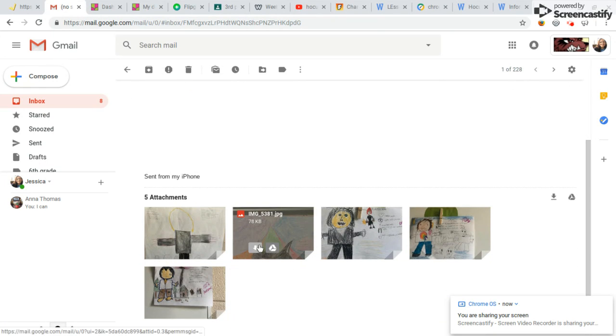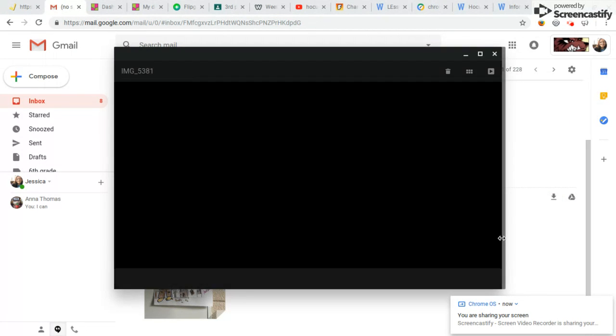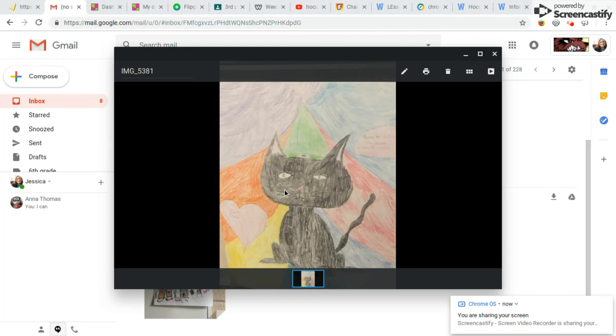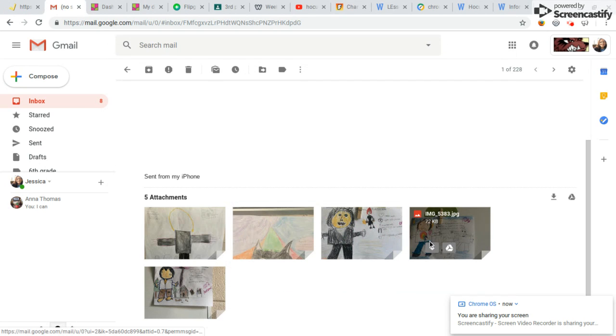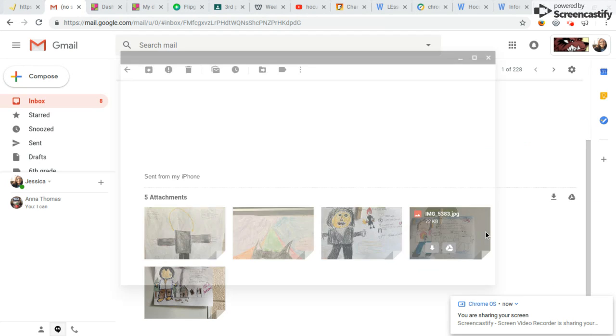This is when my kids decided to do Thackery Binx as a cat, and they did a really good job. Here's Thackery, and as you can see, here's the heart. Just some more information. It's really cool. I have another student who is very quiet, but he did a great job.